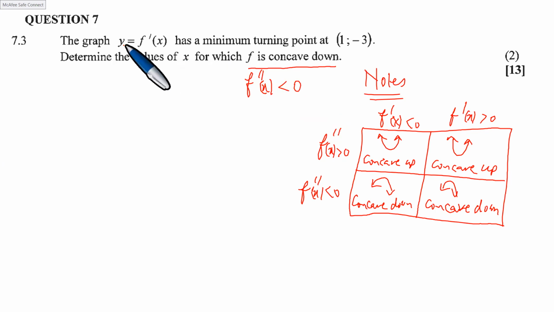But remember that the graph of y equals the first derivative, f prime of x, has a minimum turning point at 1, minus 3. So if the graph y equals f prime, in other words, is the graph of the first derivative, not just the graph of what? Not just the graph of f.